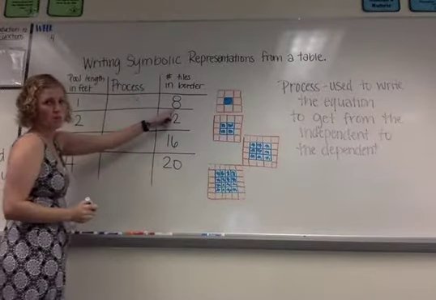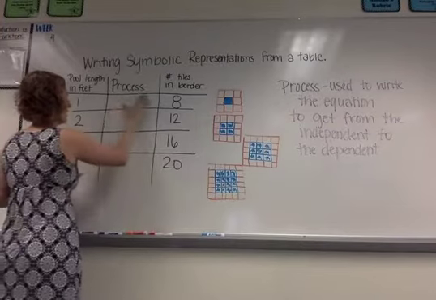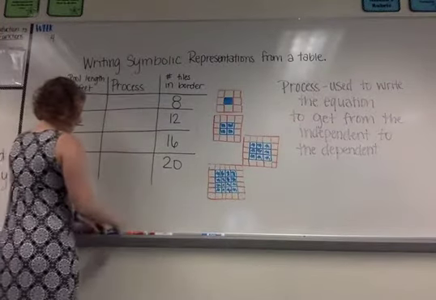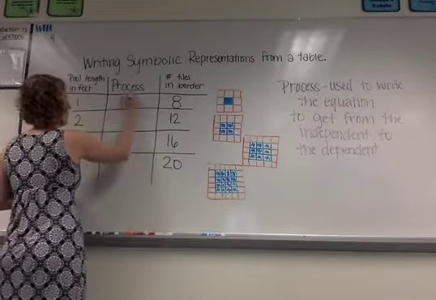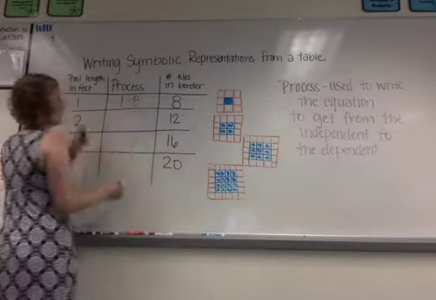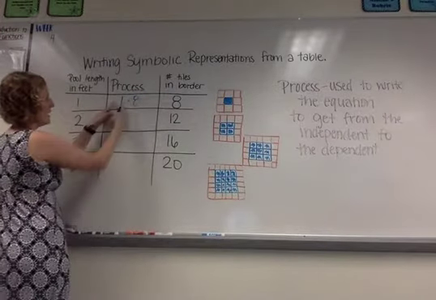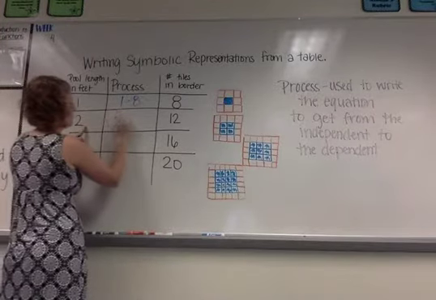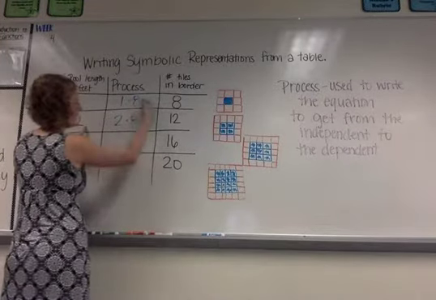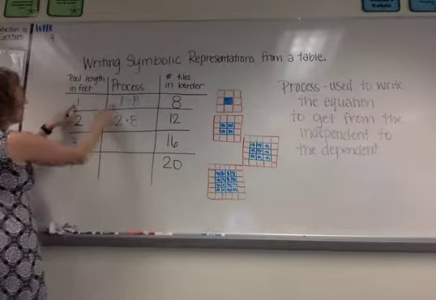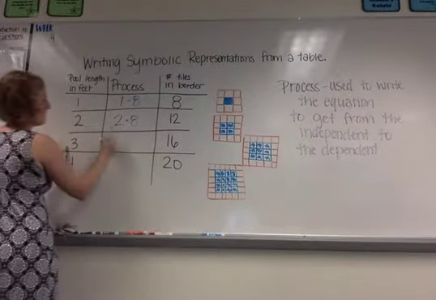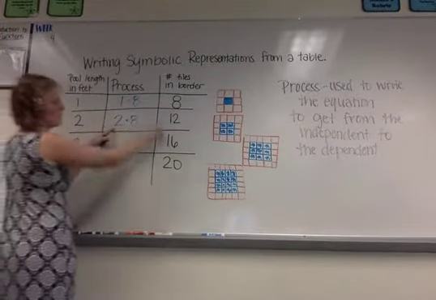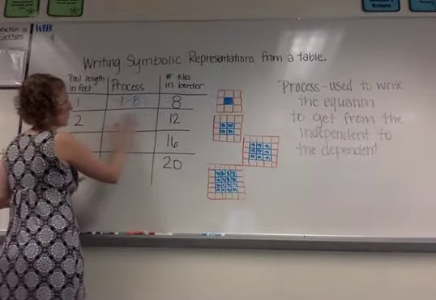Well, that gives me 8. Sorry, that green doesn't show up very well. Now you want to put the second length, so 2 times 8. This stays the same. The only thing that changes is your value from the independent. 2 times 8 doesn't give you 12, so that doesn't work.